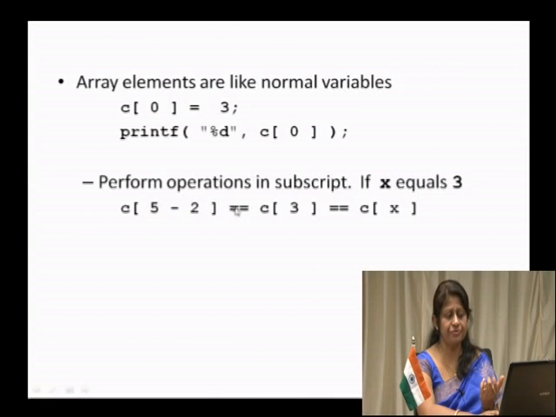So, instead of referring to that element as C of 3, I could also say C of 5 minus 2, or I could say C of x, where x earlier would have a value 3.